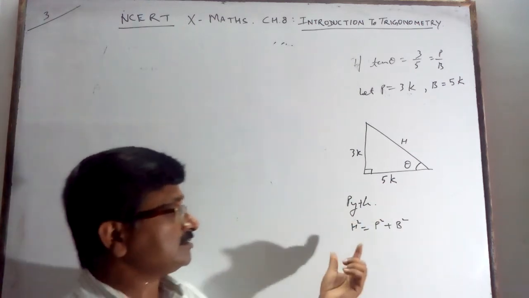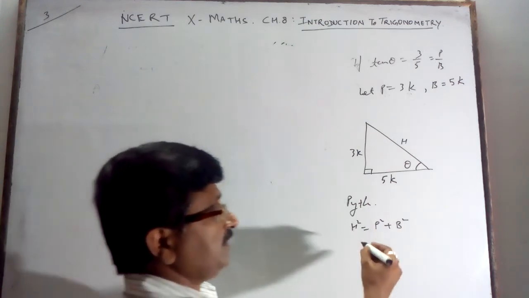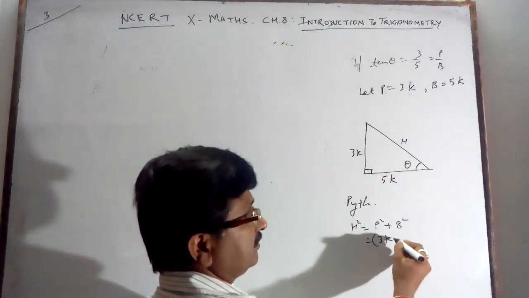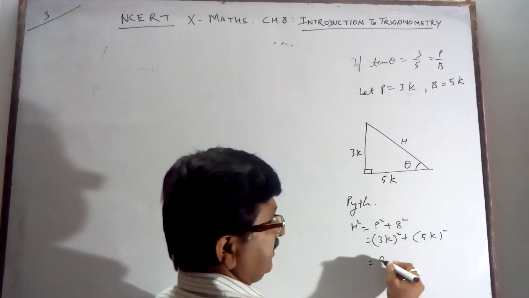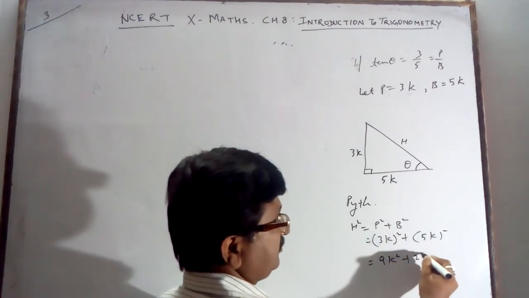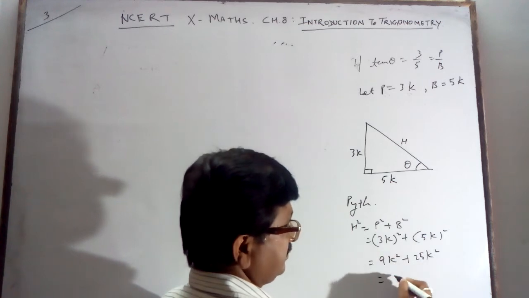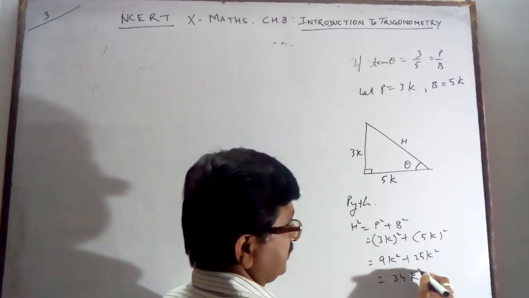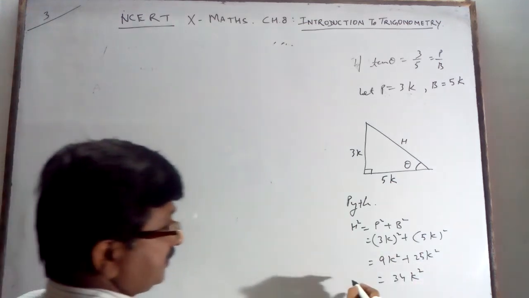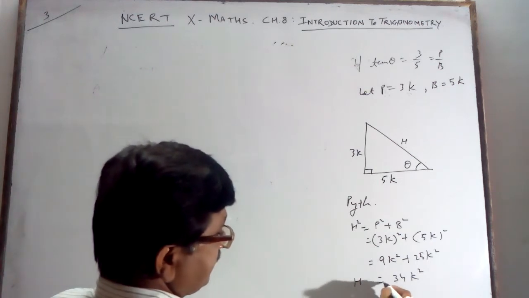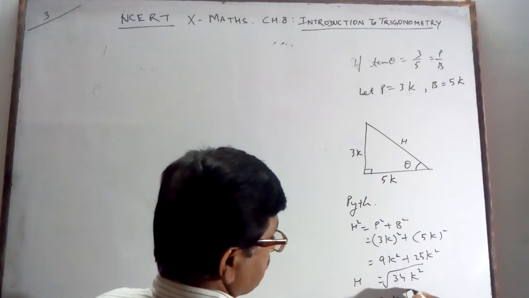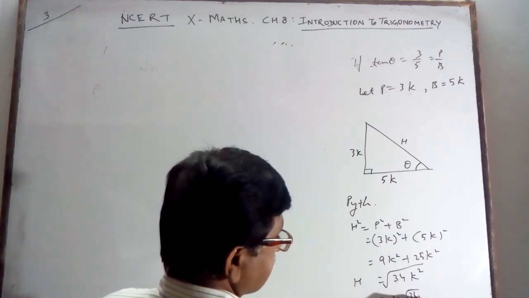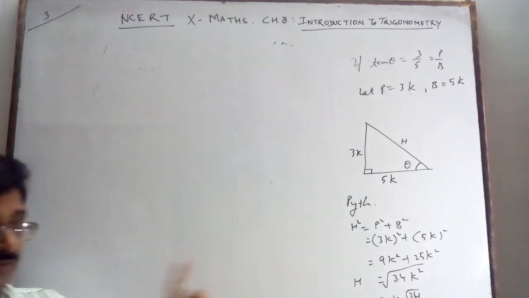Put the values: h square is equal to 3k square plus 5k square, which is 9k square plus 25k square. You will get 34k square. Then h will be k under root 34, because 34 is not a perfect square.